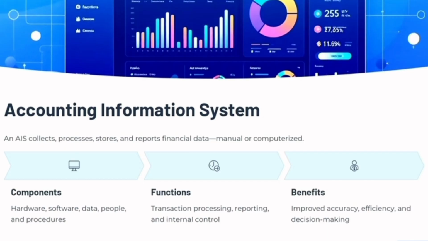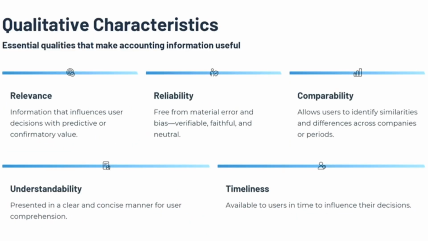It also enhances security through internal control that protect the business from fraud, data loss, and unauthorized access. Additionally, an AIS helps business comply with the legal and tax requirements by maintaining proper records and generating reliable reports. Overall, the biggest benefit of the AIS is that it turns complex financial data into easy to use information that supports better planning and smoother business operations. Qualitative characteristics of accounting information.